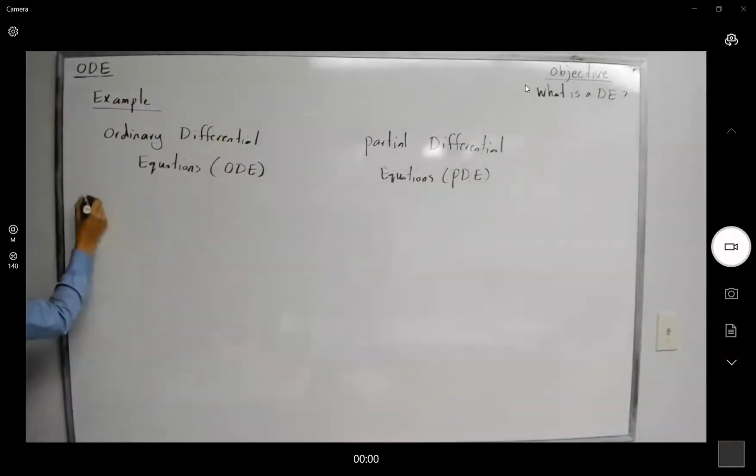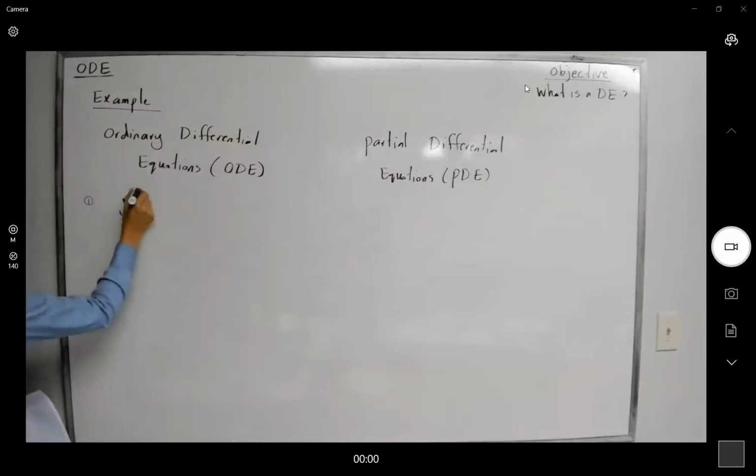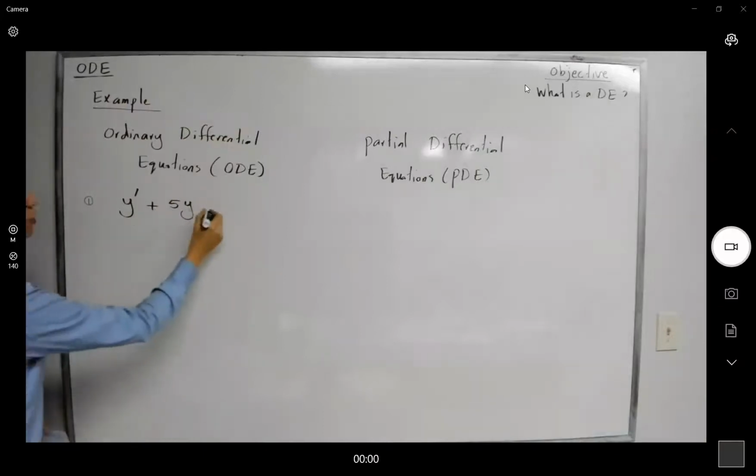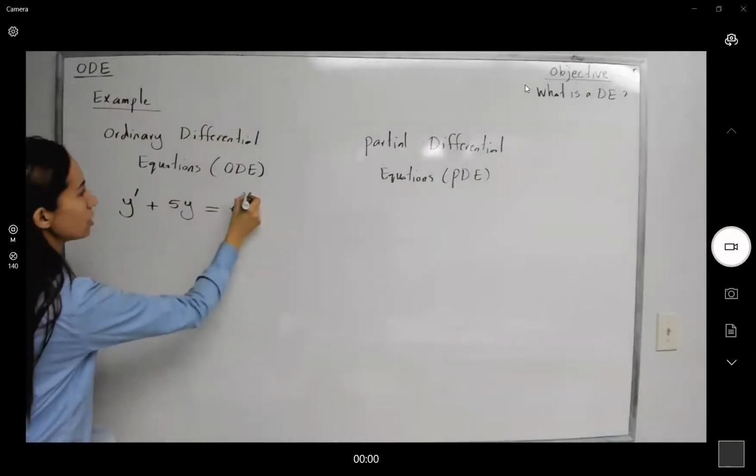Now, an example of ordinary differential equation is y prime plus 5y equals to e to the x.